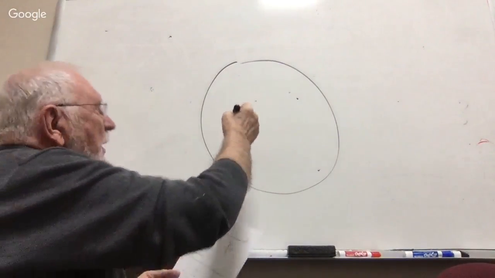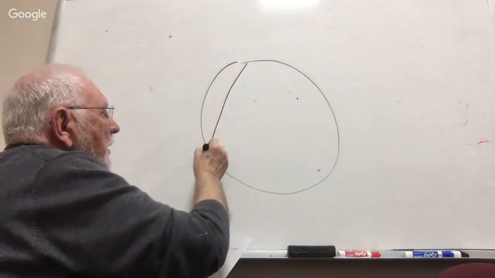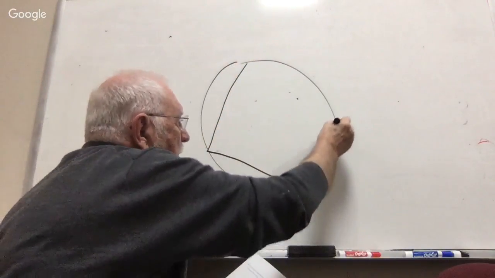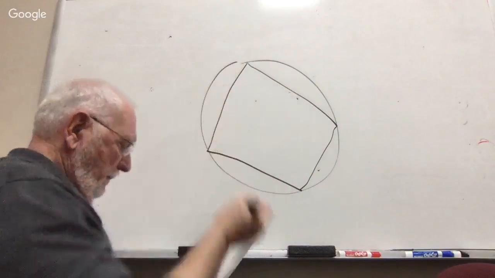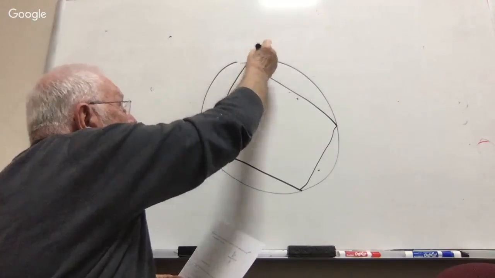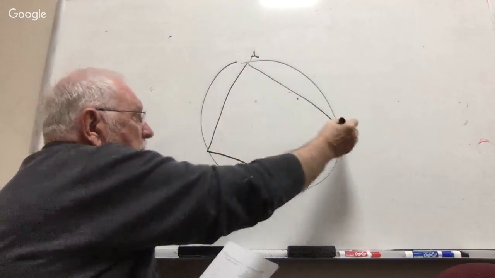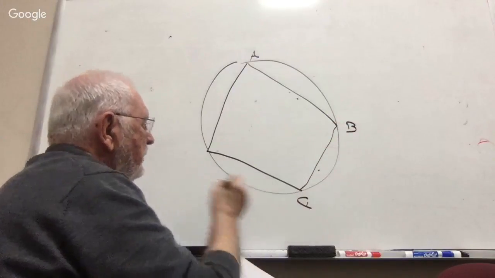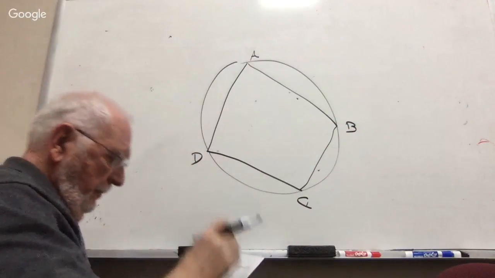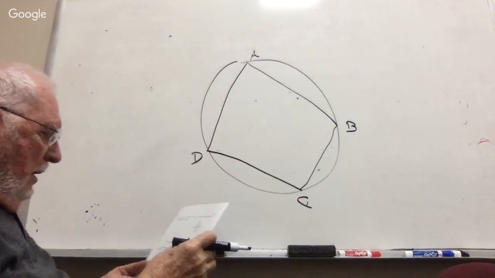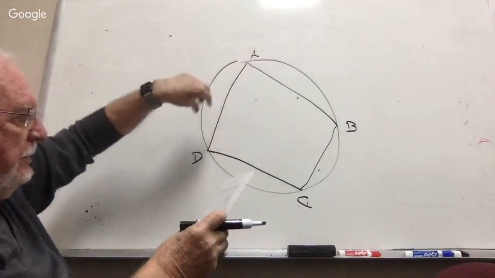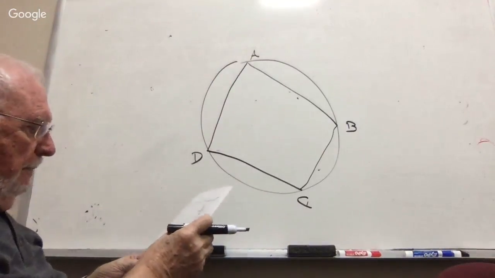Okay, so we've got a quadrilateral built in here, and we've got A, B, C, and D. This quadrilateral is inscribed in the circle.